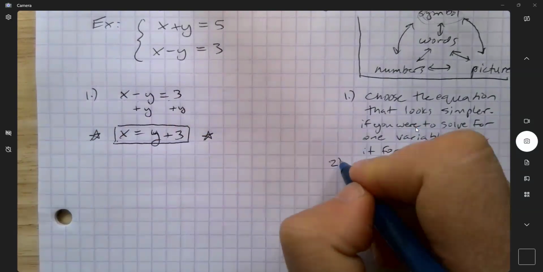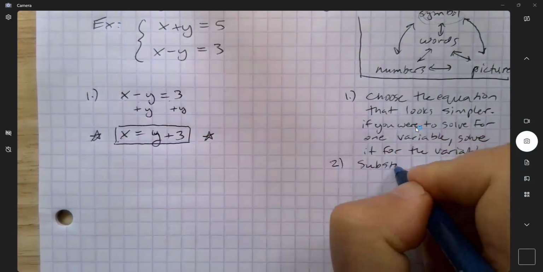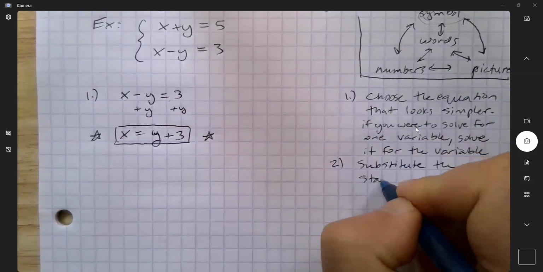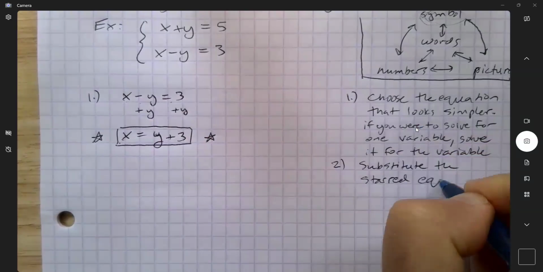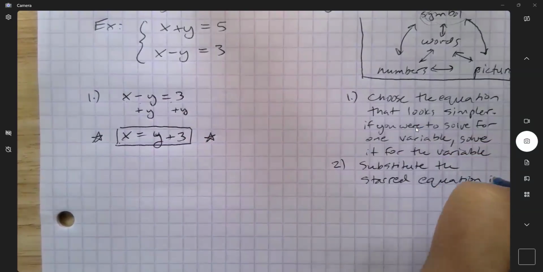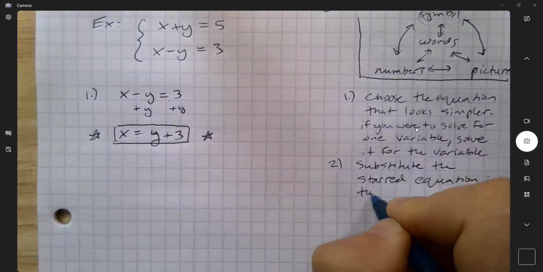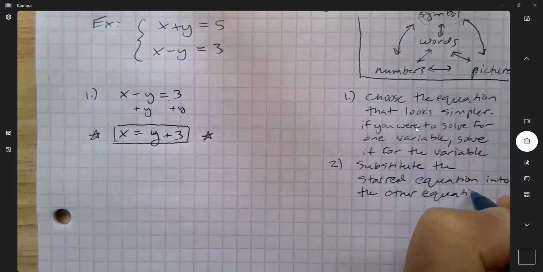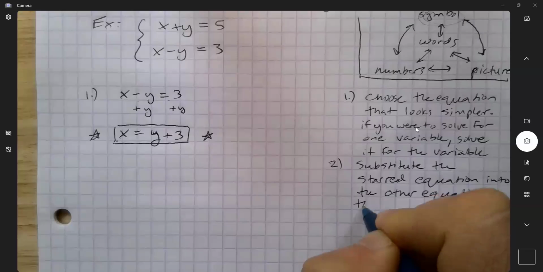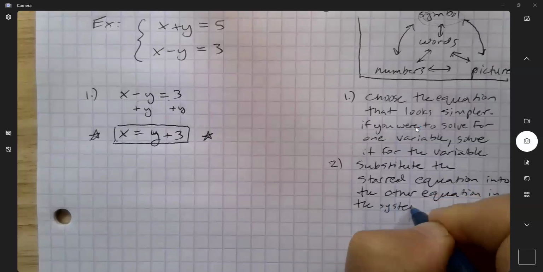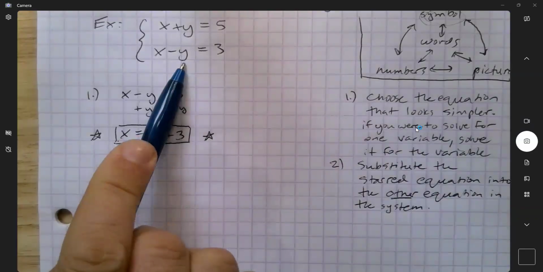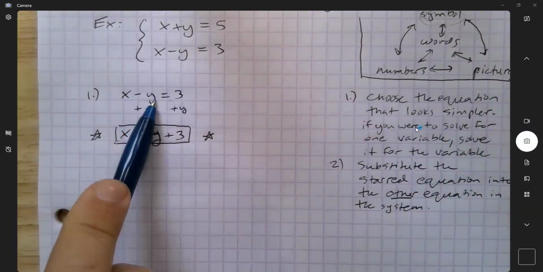Step 2, substitute the starred equation into the other equation in the system. And by other, I mean the one that I didn't already pick. So I picked x minus y equals 3.